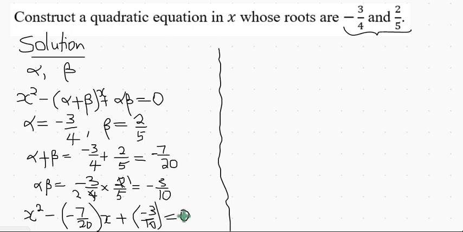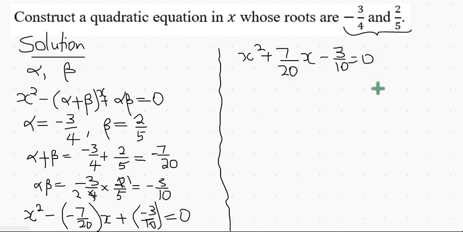So here is x squared plus 7 over 20 x, not plus, it should be minus, because plus and minus is minus 3 over 10 equal to 0.